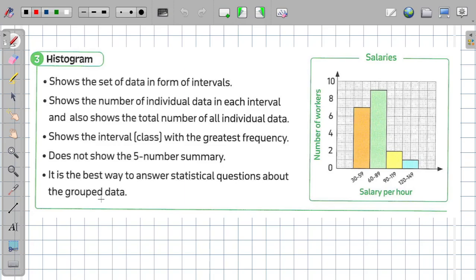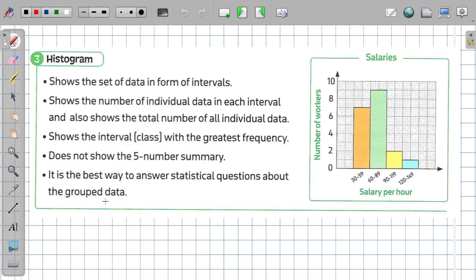And the histogram shows the interval or the class with the greatest frequency, but it does not show the 5-number summary, like median, the lower quartile, the upper quartile, the maximum value, or the minimum value. We cannot know all of these with histogram, but it is the best way to answer statistical questions about the grouped data.